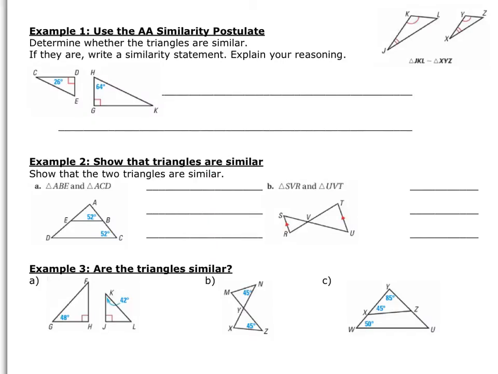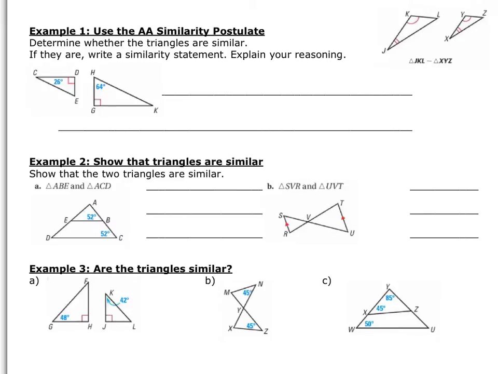All right, so now let's see if we can use that similarity postulate. Determine whether the triangles are similar. If they are, write a similarity statement. Explain your reasoning. Before you can determine if they're similar or not, you need to make sure your triangle has all the angle measurements.